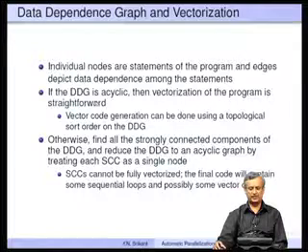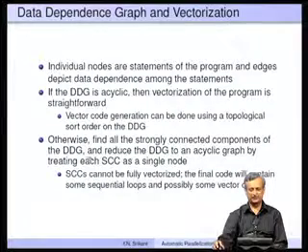If the data dependence graph is acyclic, then vectorization of the program is straightforward. We will see how this happens. Vector code generation can be done using a topological sort order on the data dependence graph. Suppose the data dependence graph is cyclic, then there is a complication.